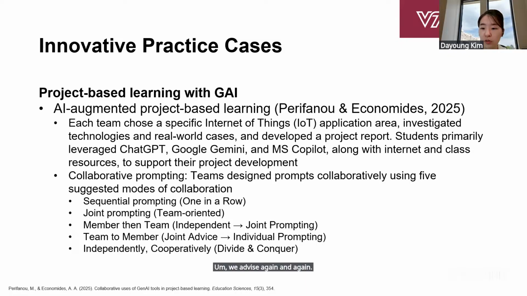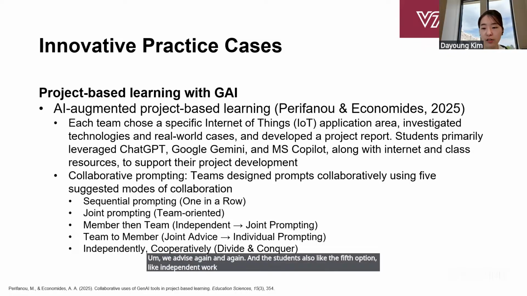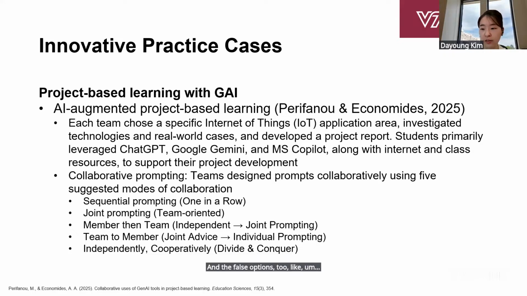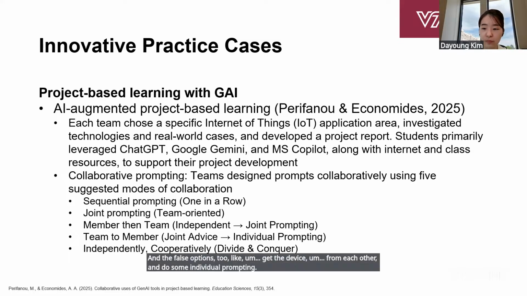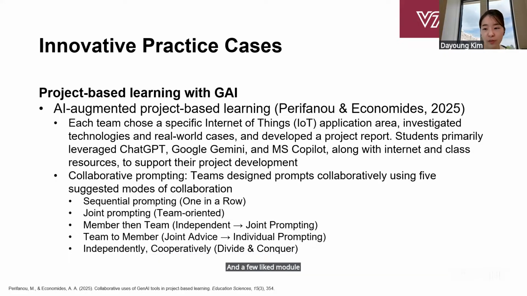Students also liked the fifth option, independent work merged later, and the fourth option, getting advice from each other and doing some individual prompting. Few liked the first one because it was slow and less efficient.